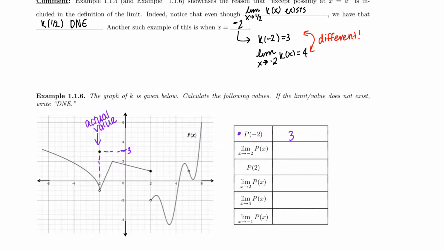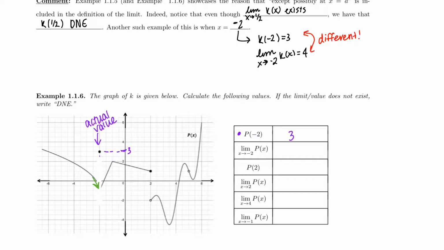However, the limit as x approaches -2: if I erase everything here, if you approach from the left, it looks like you're approaching the y value -1, and if you approach from the right, it looks like you're approaching the same place.